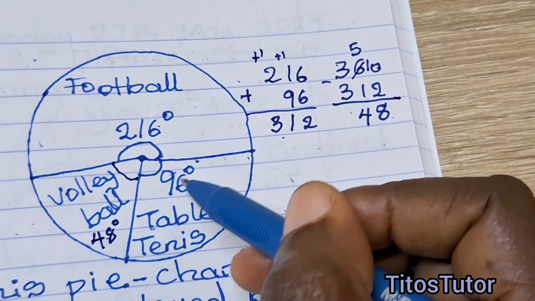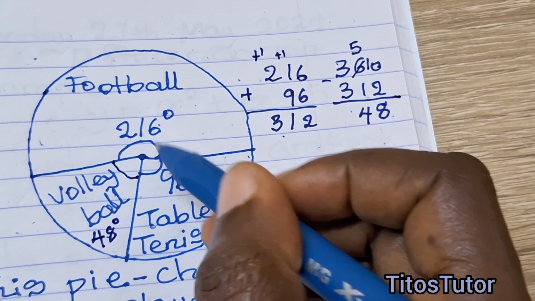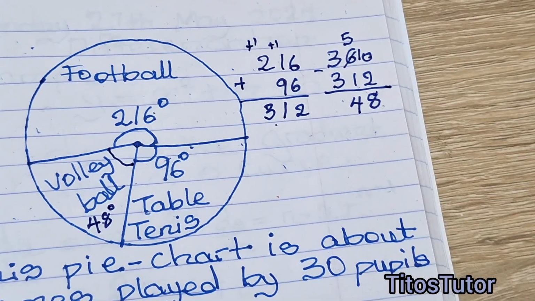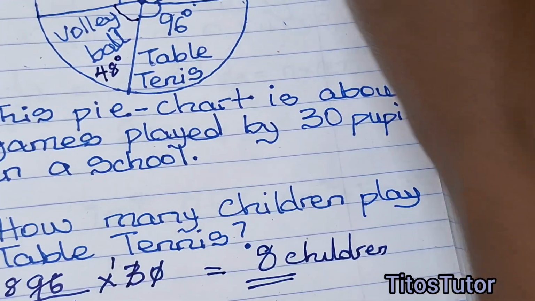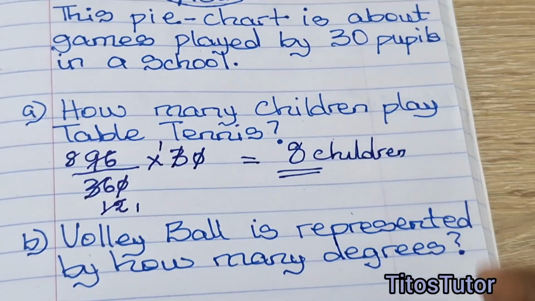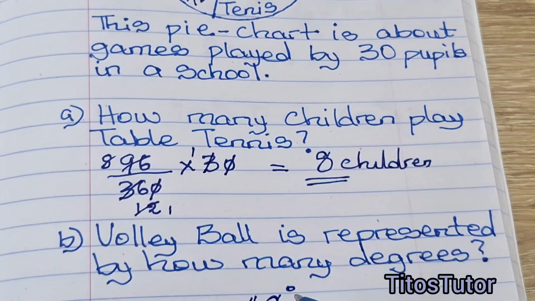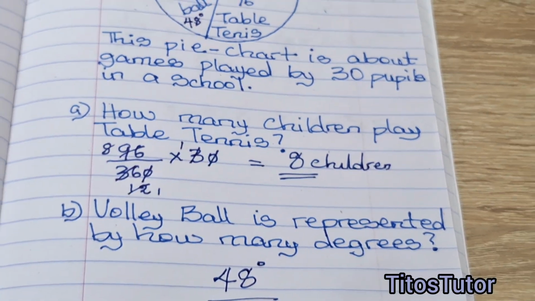If you add 48 to 96 plus 216, it's going to give you 360. So your answer to B is 48 degrees, and you are done.